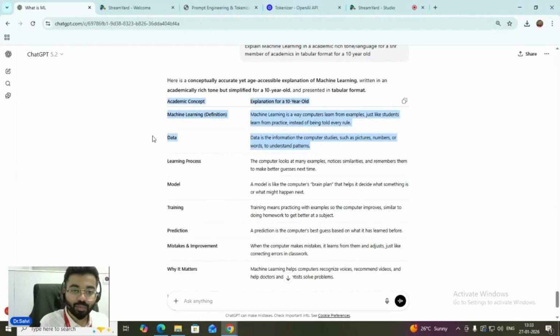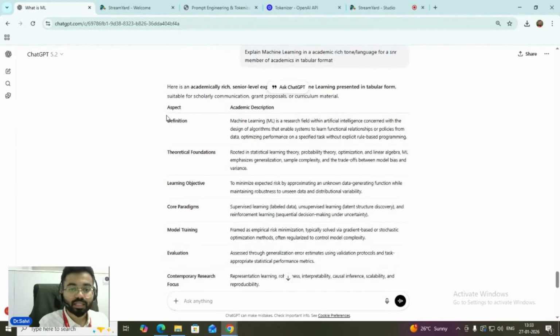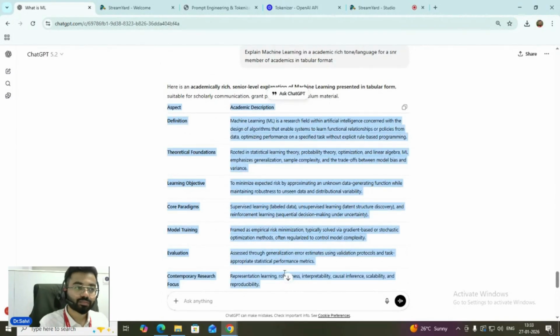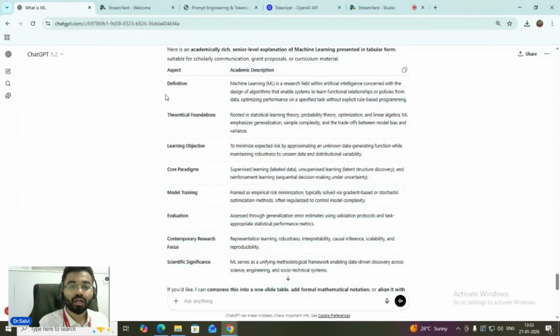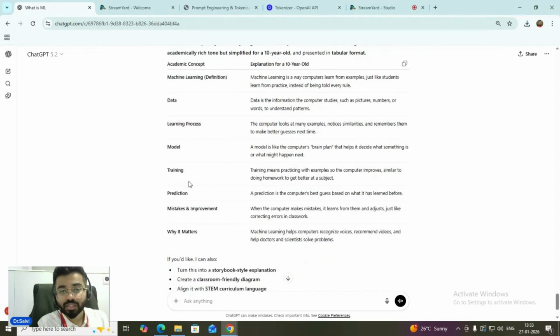Now this language that was used is not being used in any of these aspects, right? And you can see that there is a change in how these particular aspects are mentioned: the definition, theoretical foundation, learning objectives, and all of that. Whereas for a 10-year-old person, it is put in the form of machine learning, data and learning processes, model training, prediction, and exactly why it matters, right?